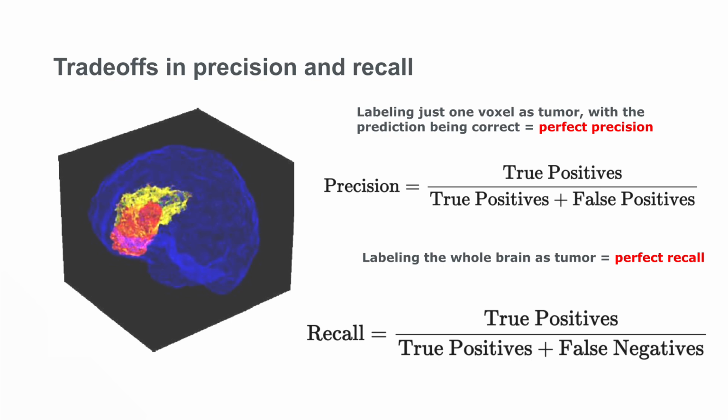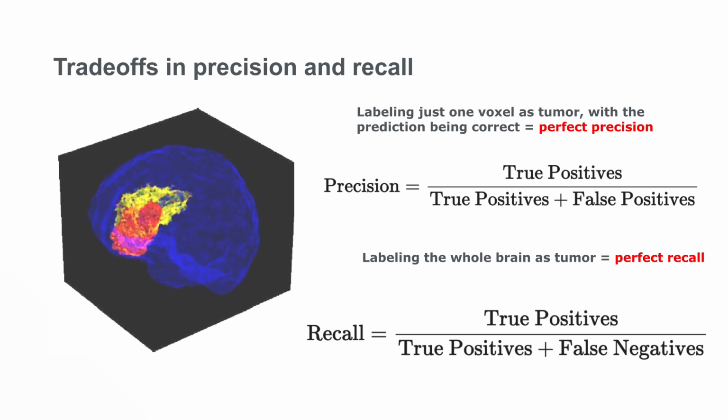So notice that the majority class, again, is healthy brain. So if we're going to be using something like precision on the class tumor, we're going to be evaluating the true positives for tumor divided over the true positives of tumor plus the false positives for tumor. So we can only get high precision when the things that we're labeling as tumor are actually tumor.